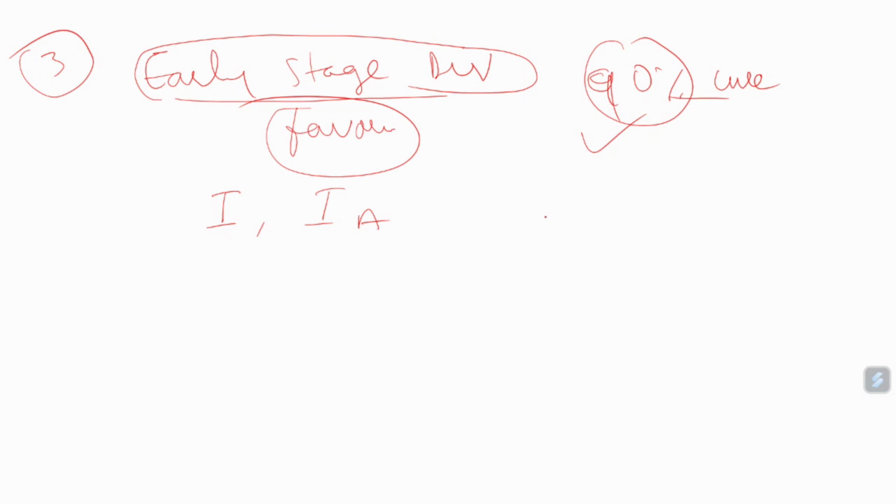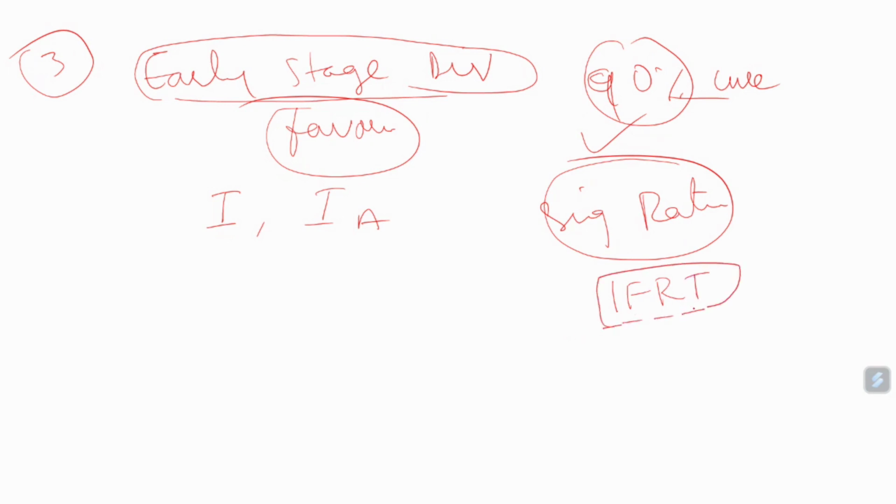Okay, and in this stage, single radiation therapy is enough. Single radiation therapy itself can cure the patient. And here in radiation therapy, we have IFRT. IFRT is involved field radiation therapy. It is mainly localized, radiation is exposed only at the localized area, not to the total body.